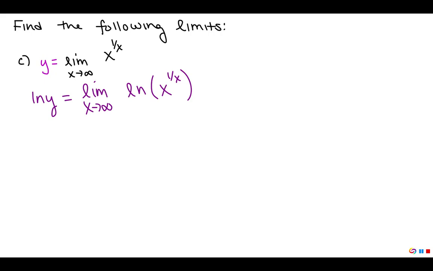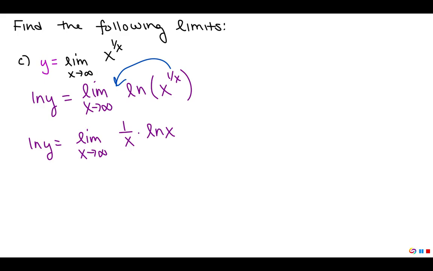And we're allowed to put that natural log inside the limit. So limit x goes to infinity, natural log of x to the 1 over x. The reason we want to take the natural log of both sides is we have a property that says we can then take that exponent, that 1 over x, and we can move that in front of the log. That's one of our properties of logs.